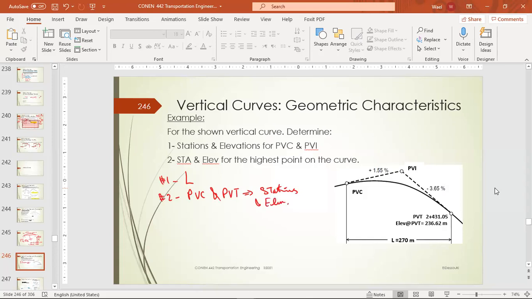That's for a crest. If it was a sag, then we also need to do checks. This is what we imply with designing a vertical curve.